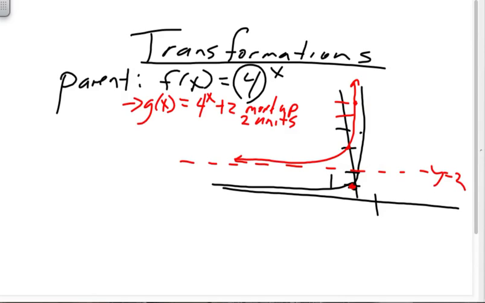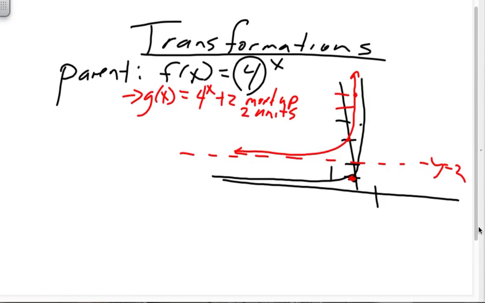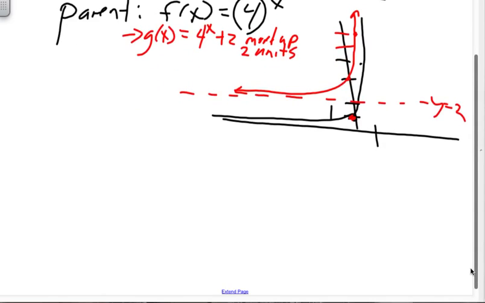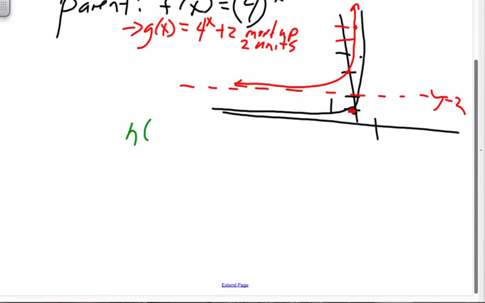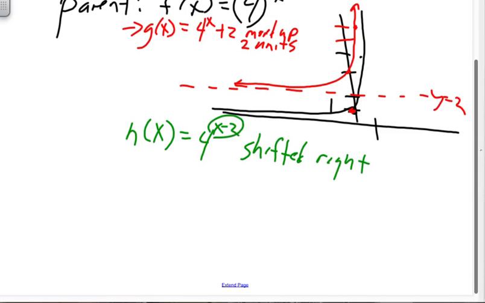Okay, let's deal with a different transformation then. Same parent. But now I want to deal with h of x equals 4 to the x minus 2. And this has been shifted right. Remember, it's up inside of here, 2 units. So this isn't hard to do. I take my original function here, which will be this guy.